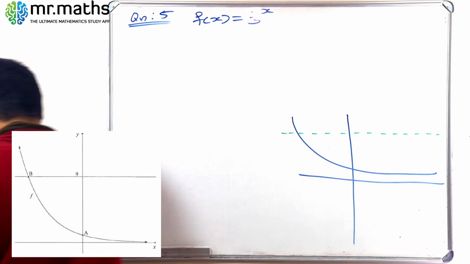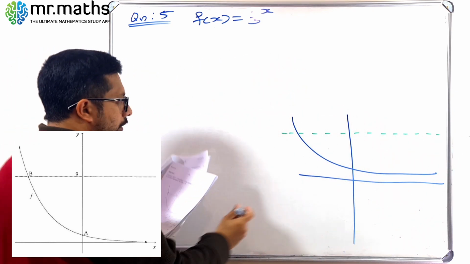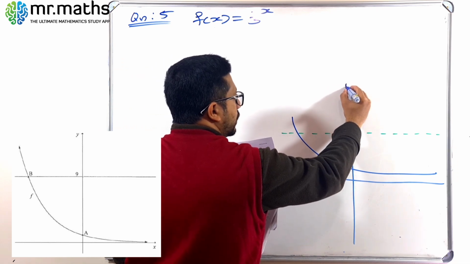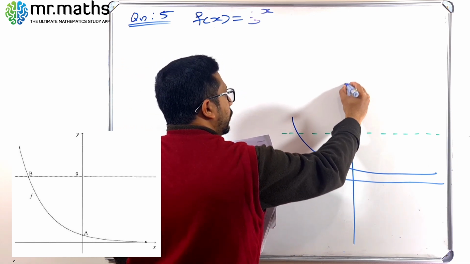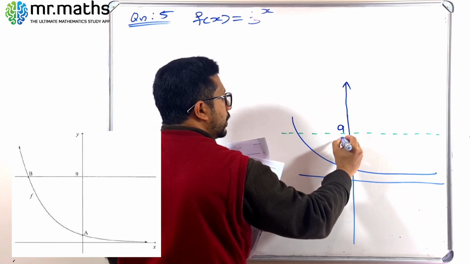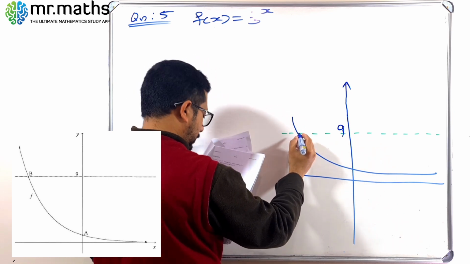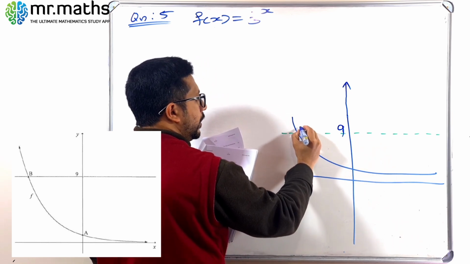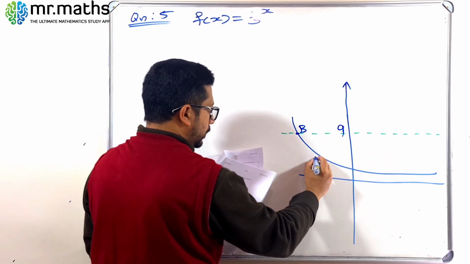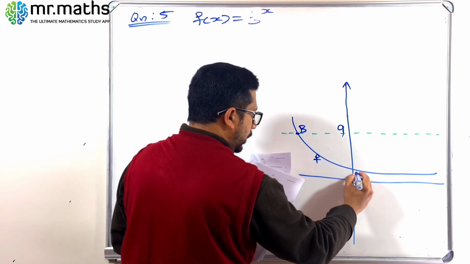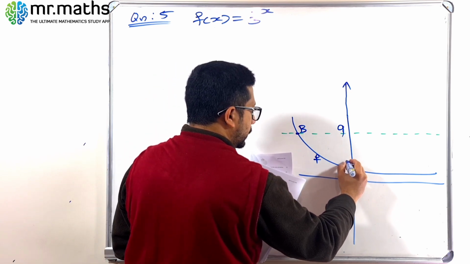This is the y-axis and this one is 9, this is the f graph, and this point is A.